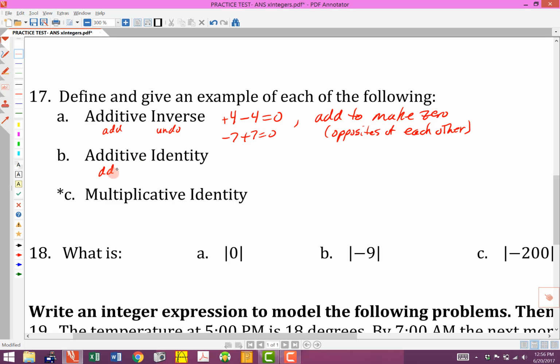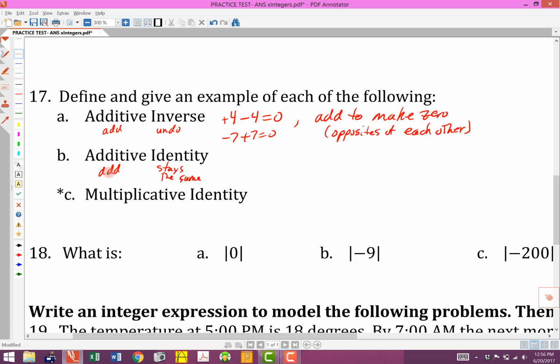Additive, so we're going to add an identity. Remember when we talked about this? This means the identity, the number gets to stay the number that it is. It maintains its identity, just like you have an identity. So we're going to say stays the same. So let's see if we can come up with an example.